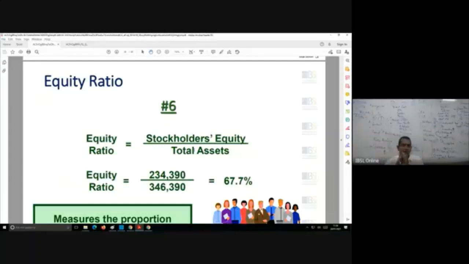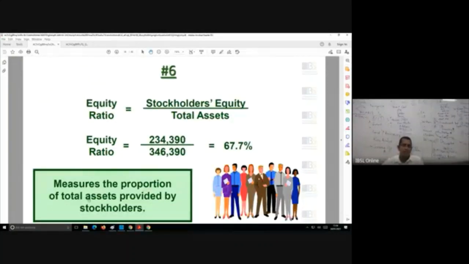Therefore, the equity ratio is worked out based on shareholders' equity at the end of the period. That is the net worth divided by total assets. That shows the portion of total assets funded by equity.